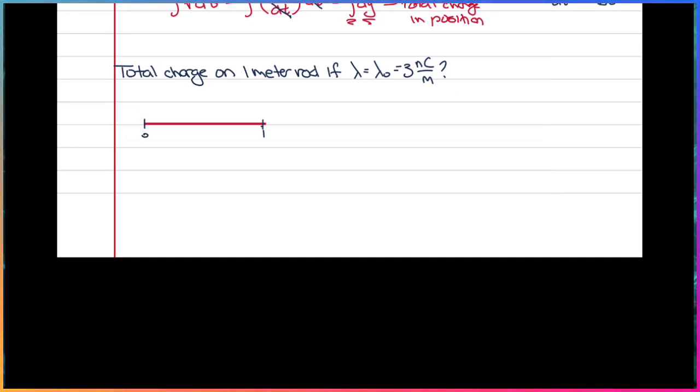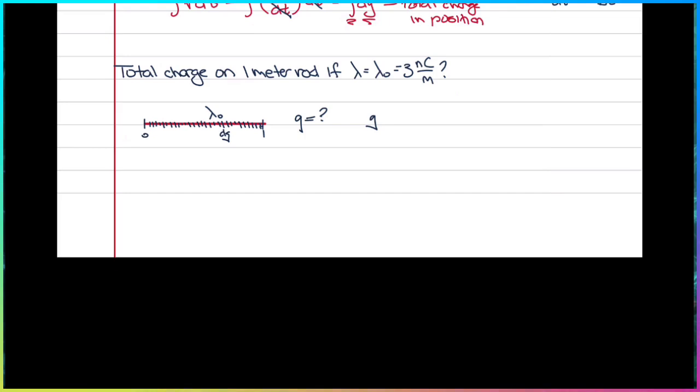So there's the rod, and it has some charge density. And I want to know what Q, the total charge, is. If I think of this rod as having a bunch of tiny little buckets, each of those little buckets has a little bit of charge, dq, because the charge density has spread things out across this rod.